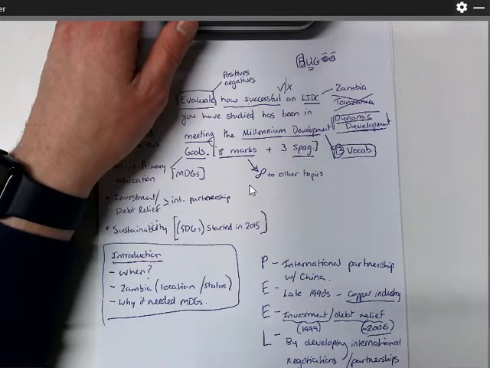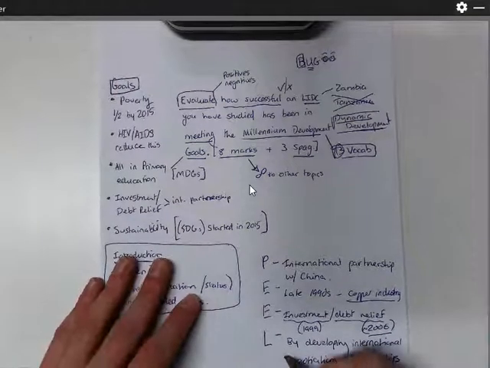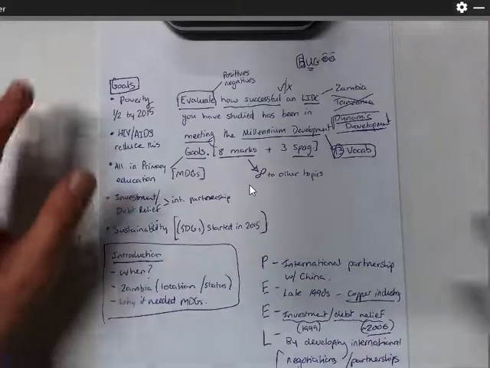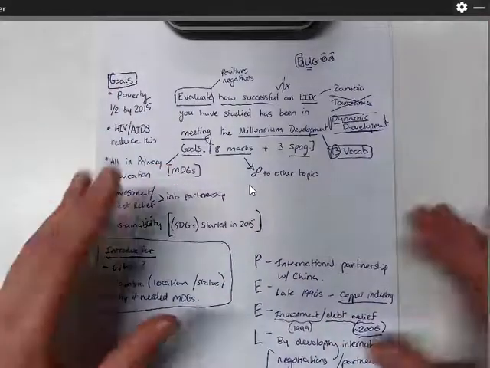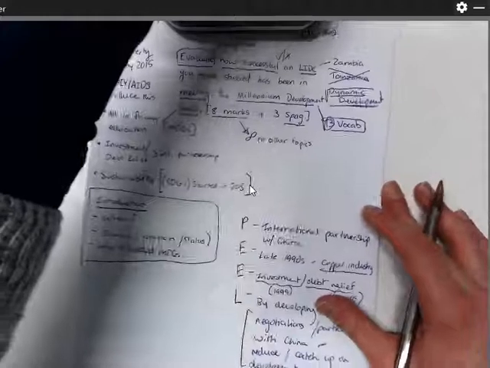It's also going to be able to, through its relationship with China, China is going to be able to provide money towards things like schools, development aid.